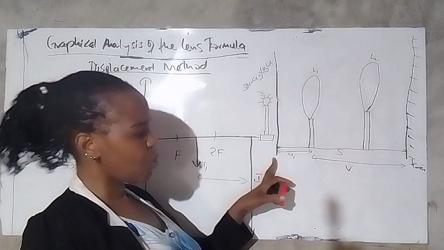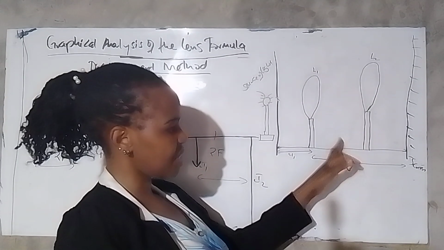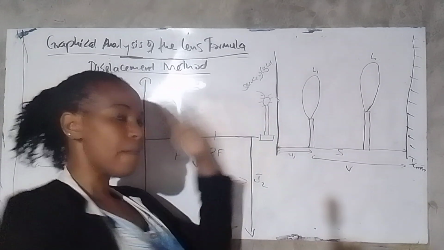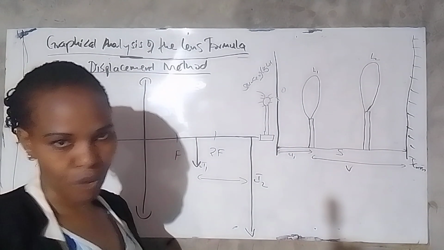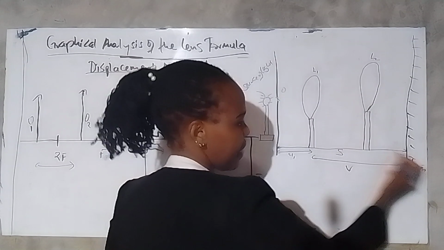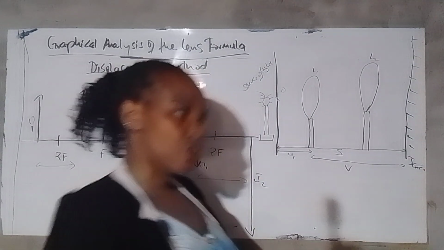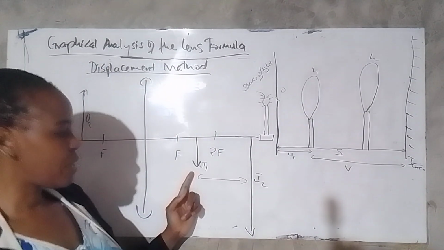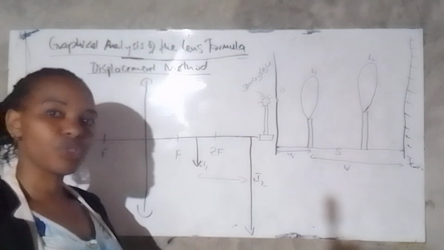Because now I want my object to fall behind C. So when the lens is here, its F is here, its 2F is somewhere here. So the object this time is behind C. And when the object is behind C, where does the image form? The image forms between F and C. So this is F and that is C somewhere behind the screen. And so the image is forming between F and C. What are the characteristics? Now the image will be smaller than the object, but it will be real and inverted.